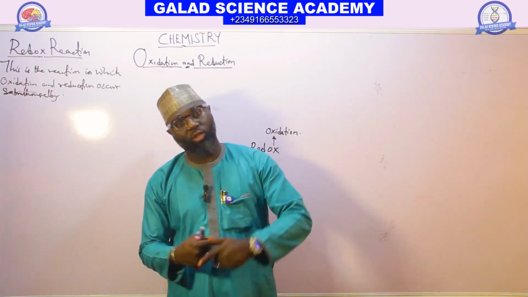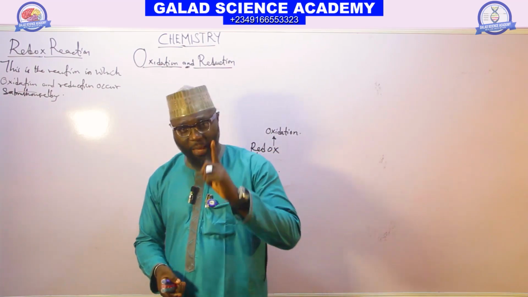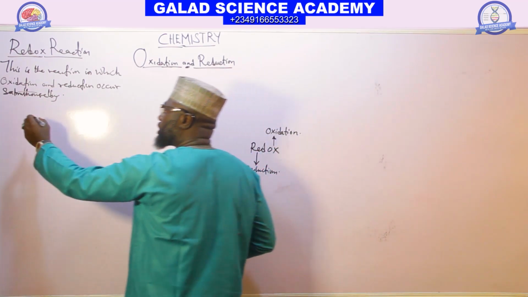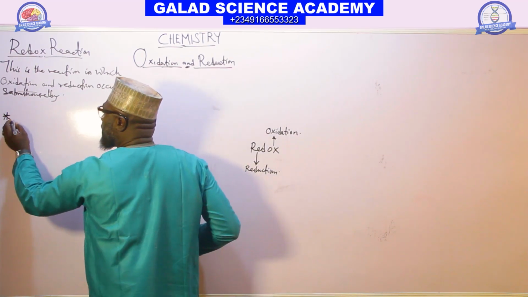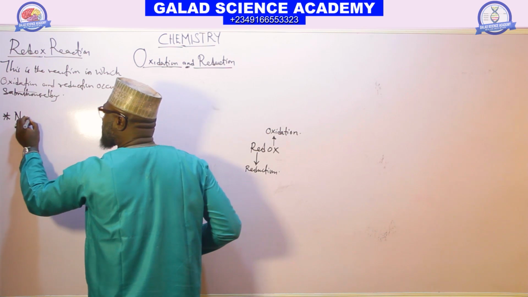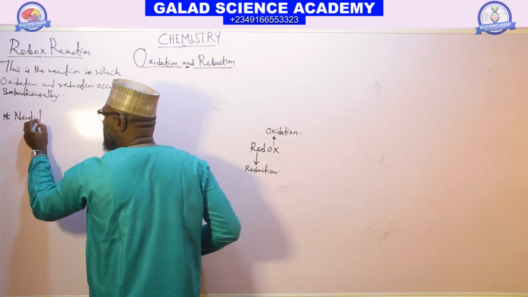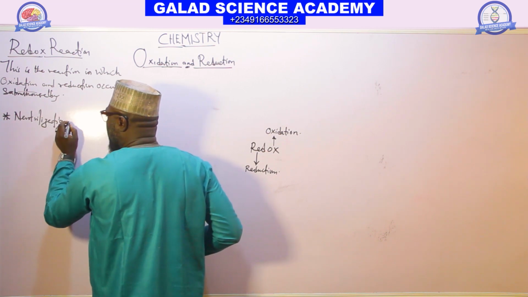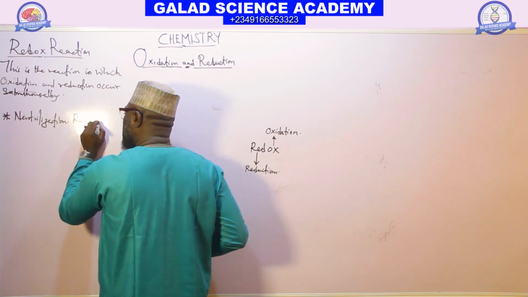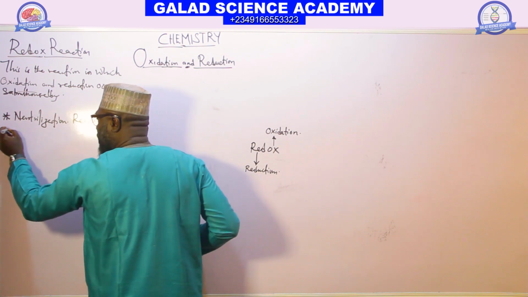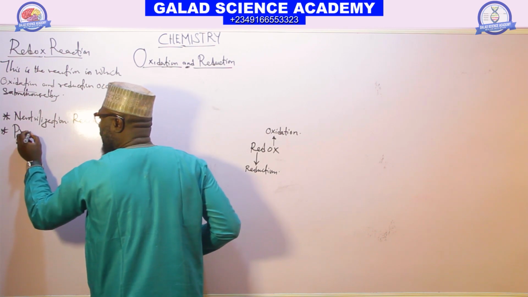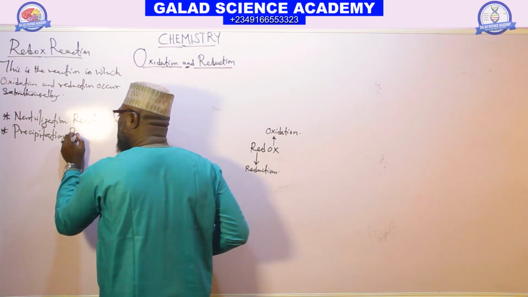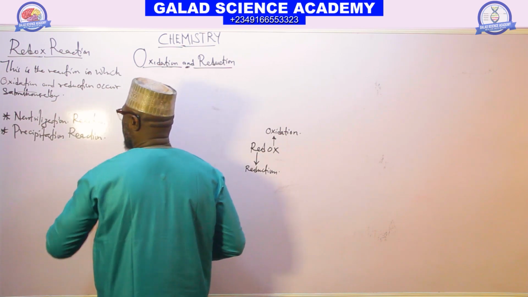The transfer of electrons takes place in them, except two reactions. The redox reaction does not occur in neutralization reaction, and the redox reaction also cannot take place in precipitation reaction.